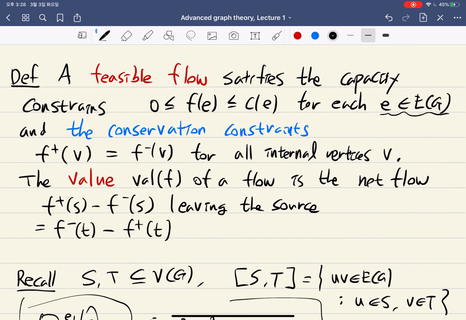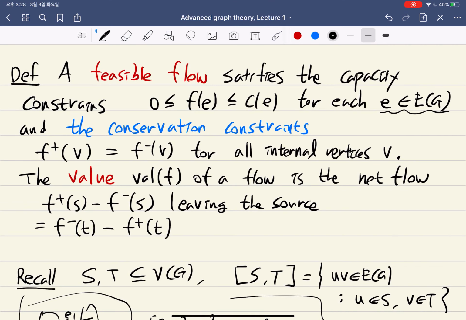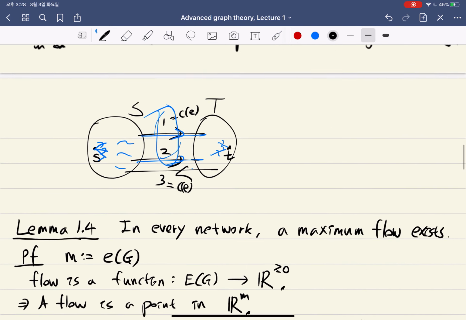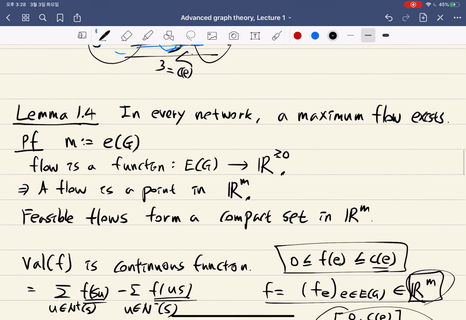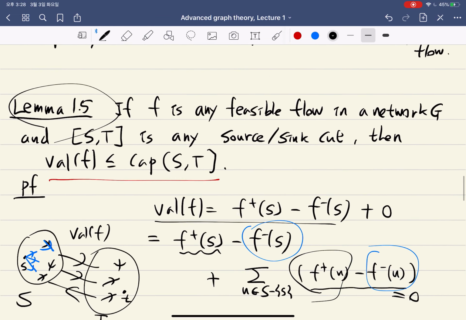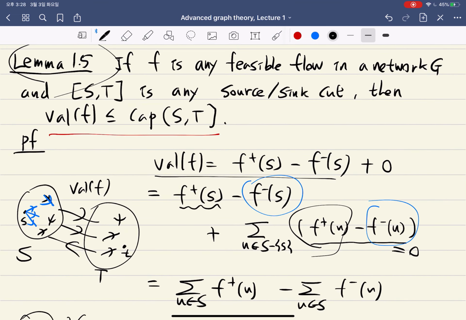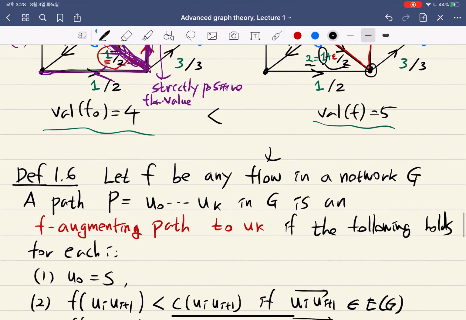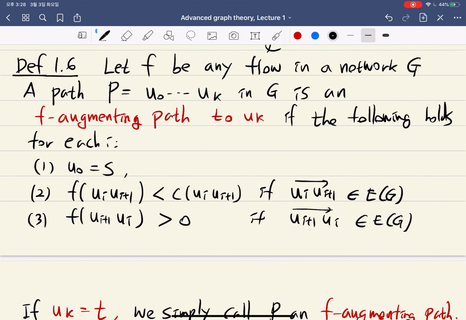For those flows, we want certain conditions to be satisfied. Then we defined the cut, and we showed that a maximum flow actually exists. The capacity of the cut plays the role of an upper bound on the value of the flow. Then we defined the f-augmenting path, which is a convenient tool to analyze whether a given flow is maximum or not.